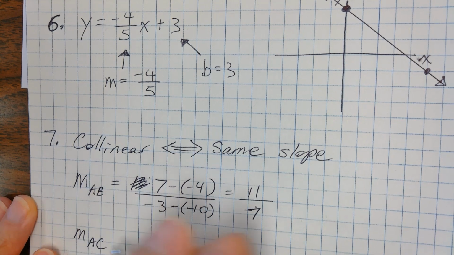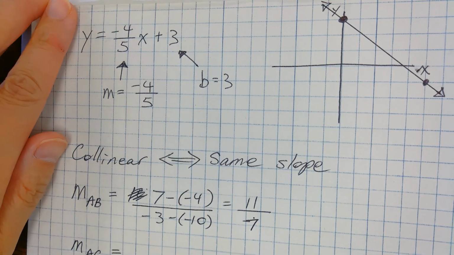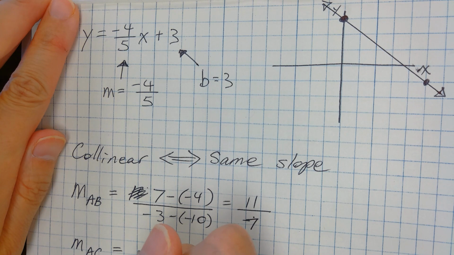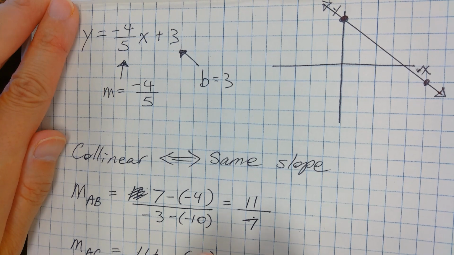So now I'm going to try the slope between AC. Okay, so the slope between AC, 14 minus negative 4 over 2 minus negative 10.